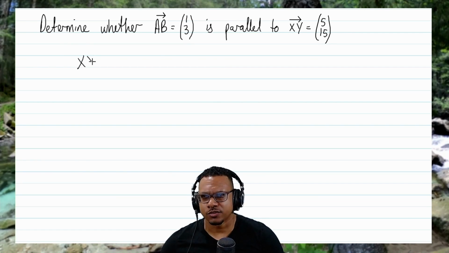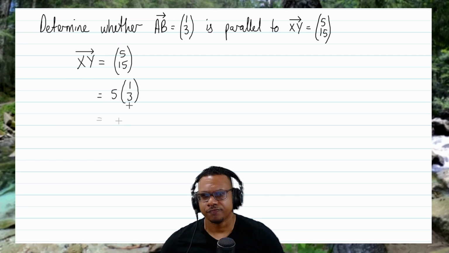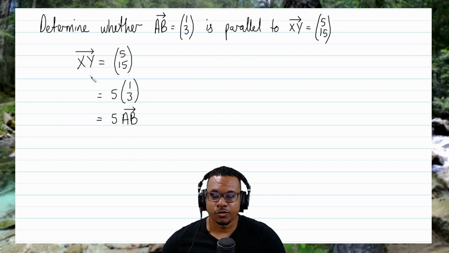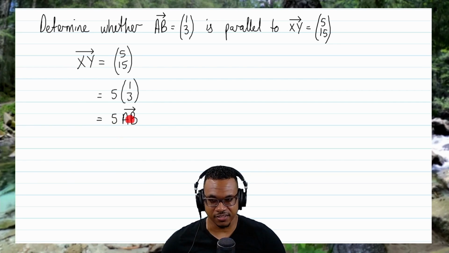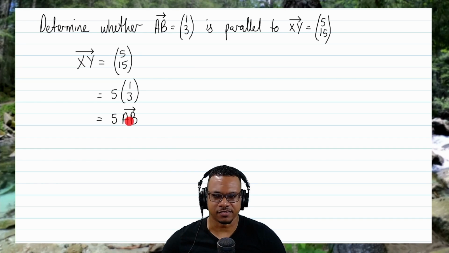So I'll say that XY is equal to 5, 15, which is equal to 5 times 1, 3, which is 5 times the vector AB. Therefore, the vector XY is a scalar multiple of the vector AB. Therefore, the vector XY is parallel to the vector AB.